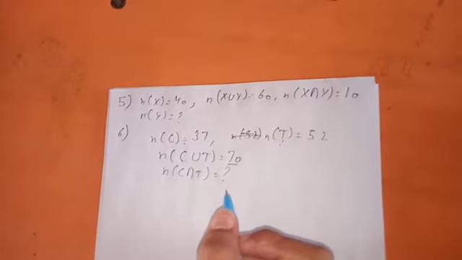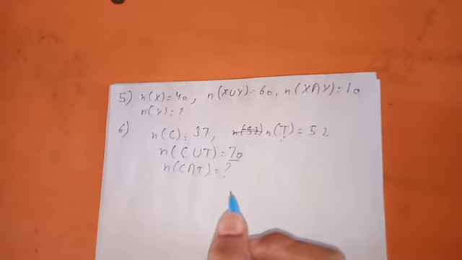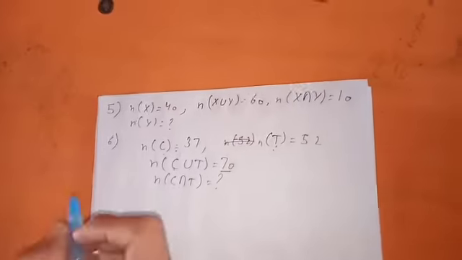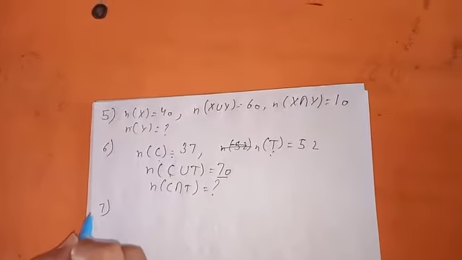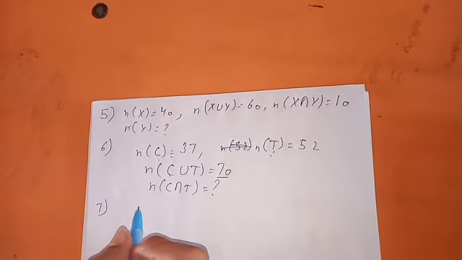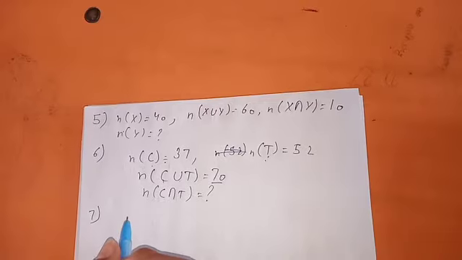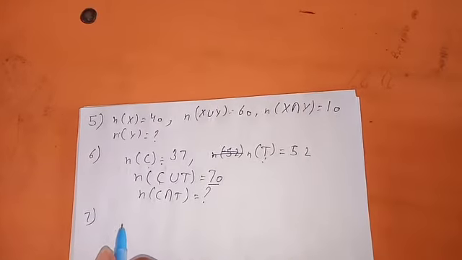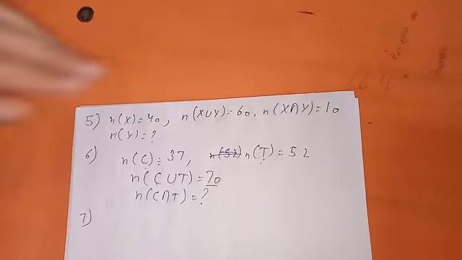Now question number 7. In a group of 65 people, 40 like cricket, 10 like both cricket and tennis.